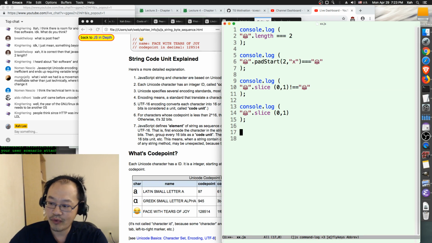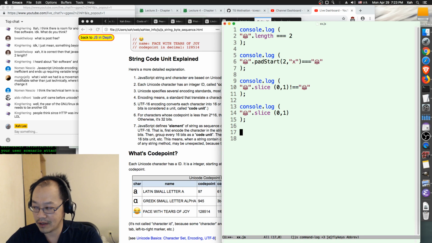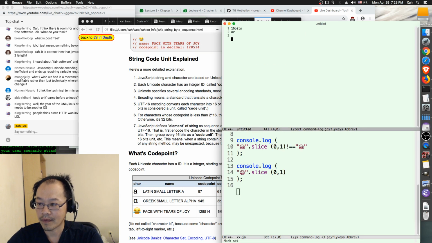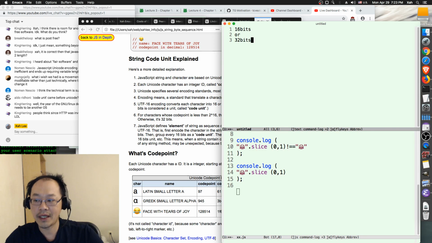The result for one character in UTF-16 encoding is either 16 bits or 32 bits. One of these two.